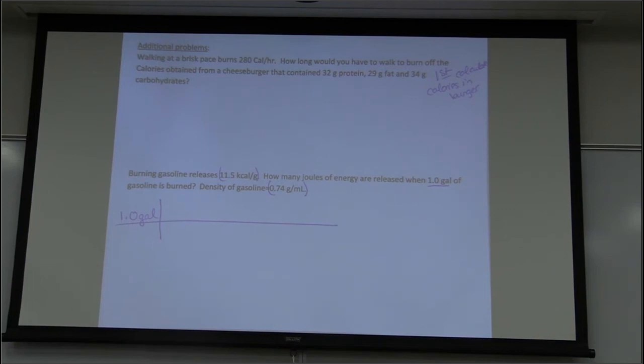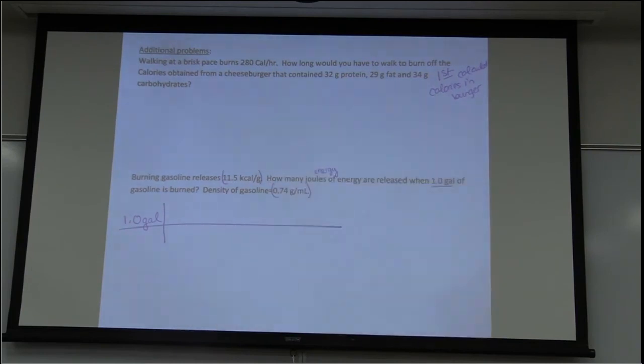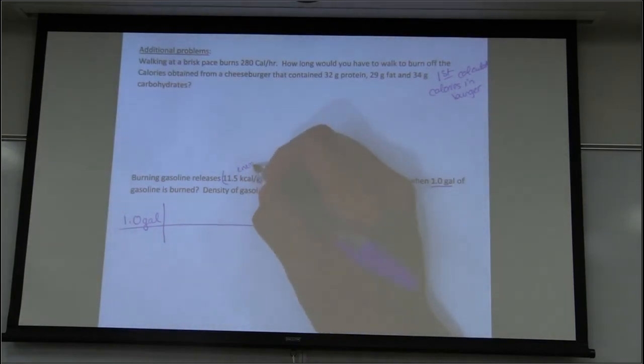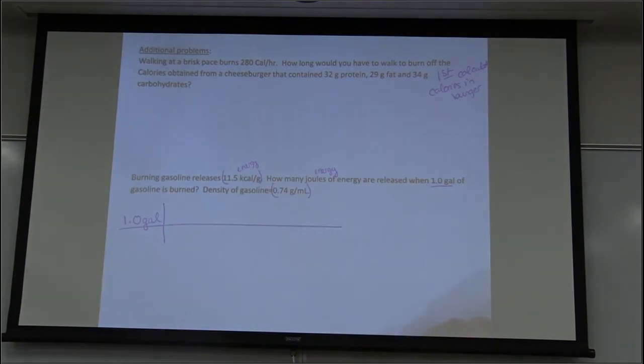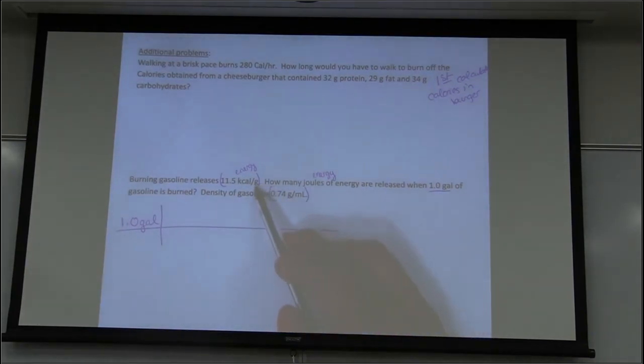Let me ask this question. What is the final answer going to be in units of? What kind of unit is that? Energy. What's the only conversion factor that gives you anything about energy? Kilocalories per gram. This is energy, right? So is this going to be used toward the end? Yes. But notice what it's with.